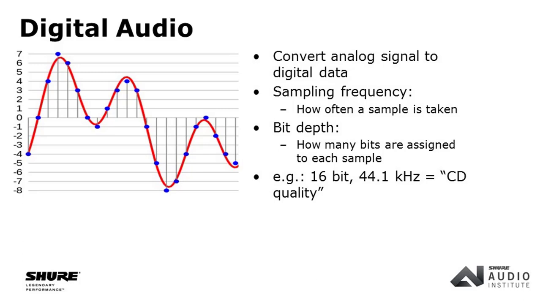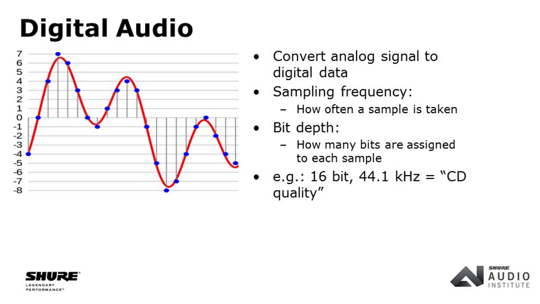That's what the blue dots are representing here: at various points in time, you grab a snapshot of the level and frequency that is currently happening with your audio signal. In the case of CD quality audio, that's 44,100 times, or 44.1 kilohertz, per second. That's how often the waveform is sampled for what we consider CD quality audio.